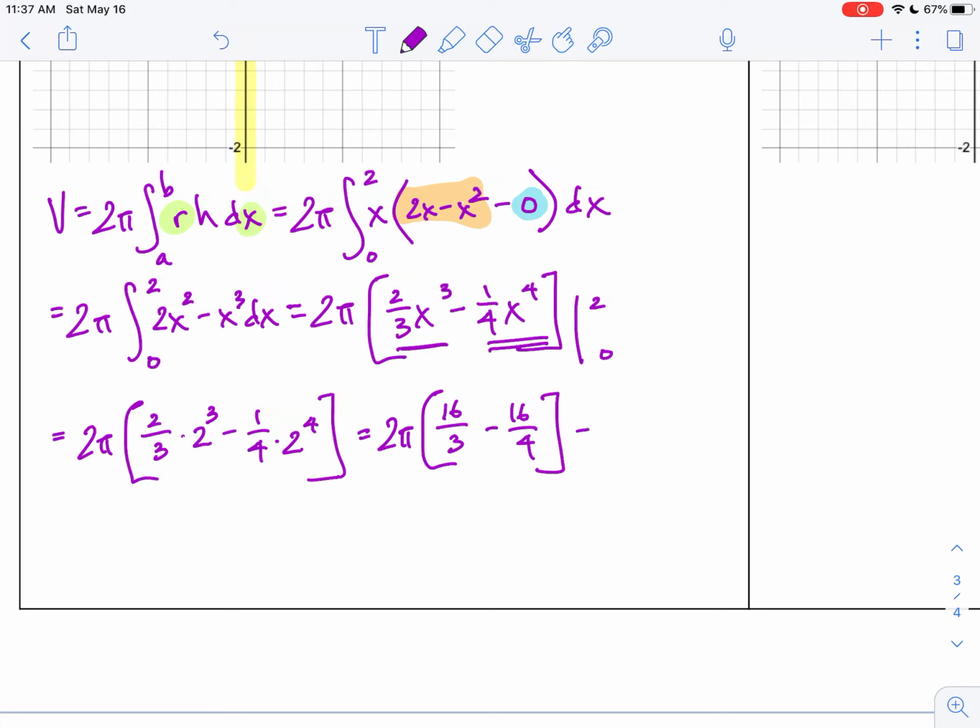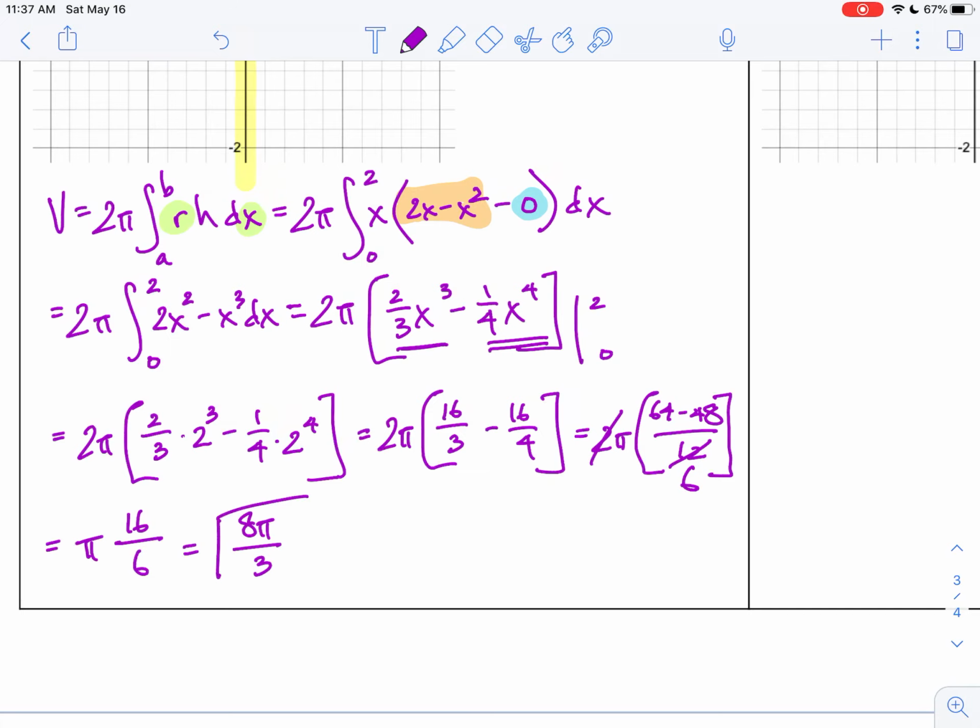And so we can do 2 pi, 12 on the bottom, and we'll get 64 minus 48. And we'll get, let's reduce here to 6, and I get pi times 16 over 6, which gives me 8 pi over 3.